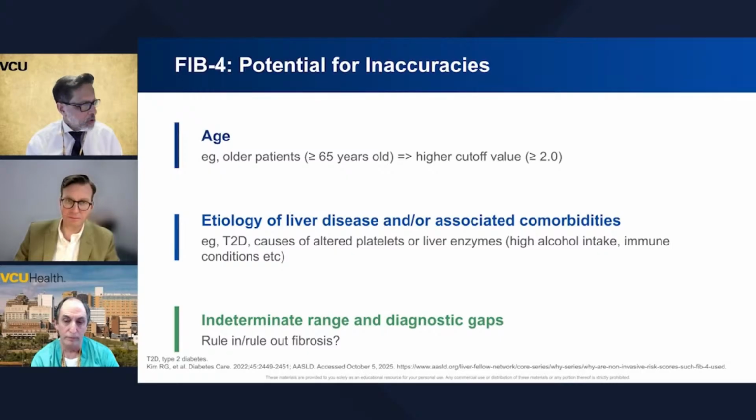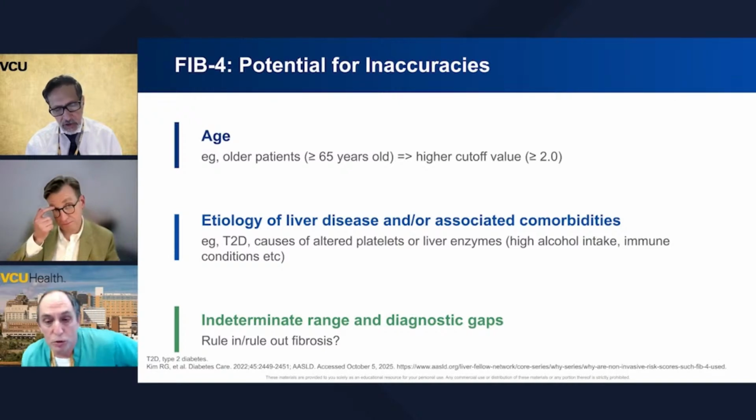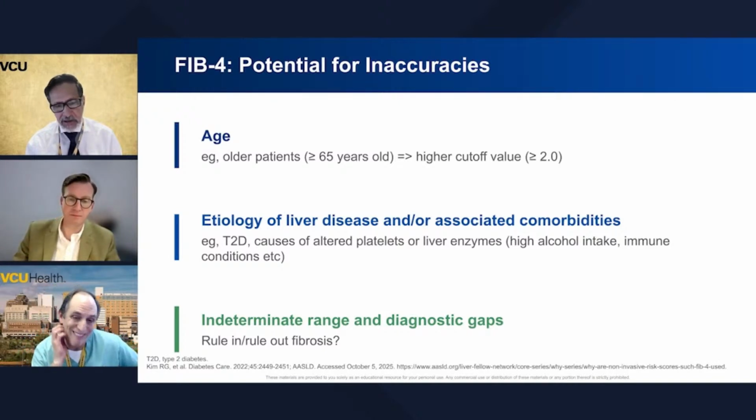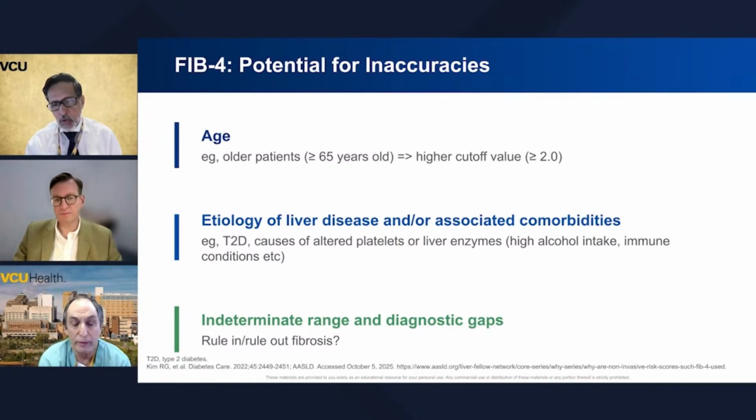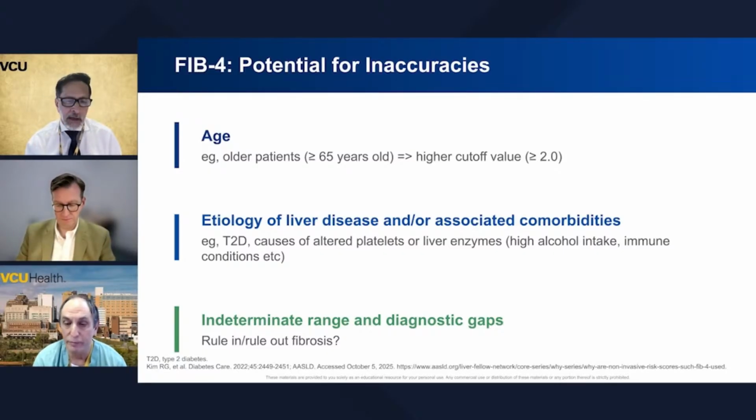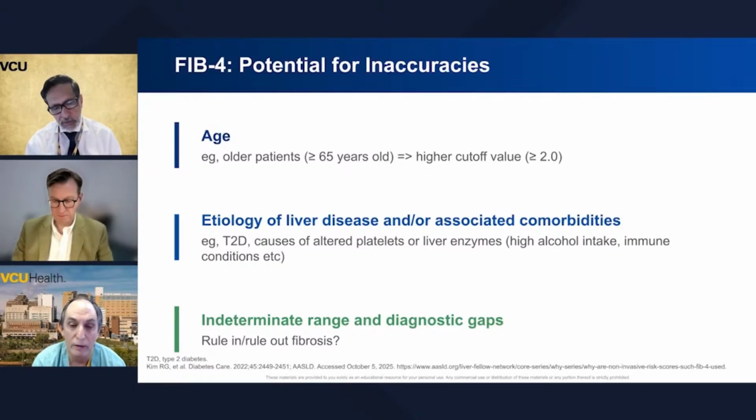But then maybe, Richard, you can also tell a little bit about alcohol, that this is really rather MASH specific because this cannot be translated easily into those who are also consuming substantial amounts of alcohol and/or have type 2 diabetes. And with the performance, again, there are some issues in those with type 2 diabetes, which is why we need maybe secondary testing for those with a FIB4 over 1.3.